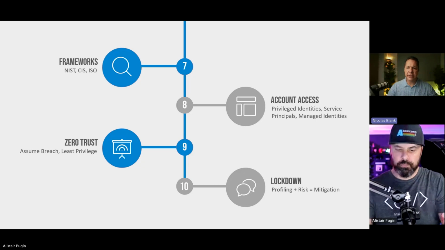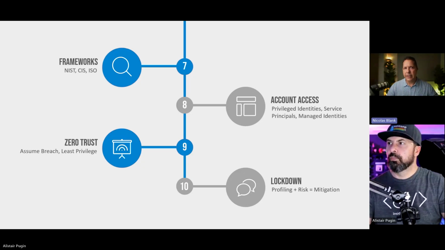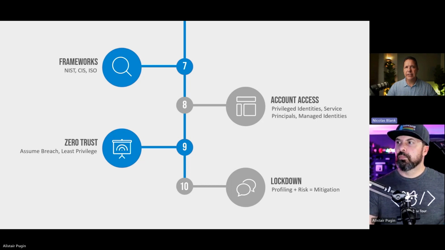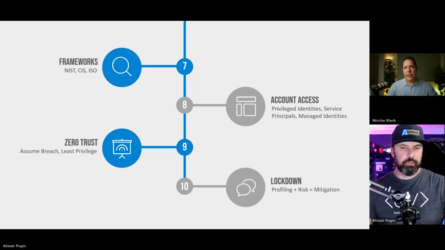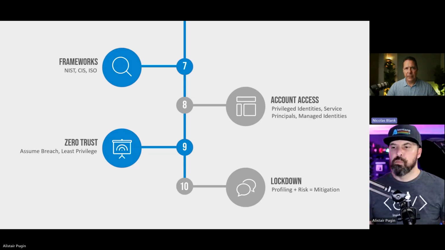All of these things create identities, and those identities can access things, and each one of those identities can do things. Now, if we don't understand what they do, then we are at the mercy of what that application can potentially do. And in a previous webinar, we talked about how you can be exposed by having applications with no owners. And therefore, compromising that application means you can do anything that application can do.